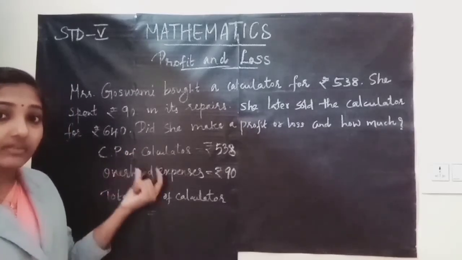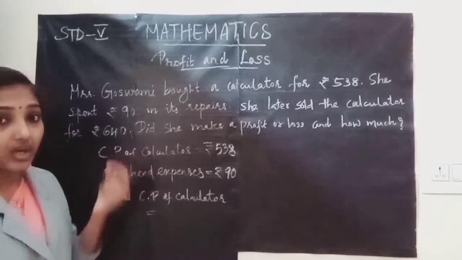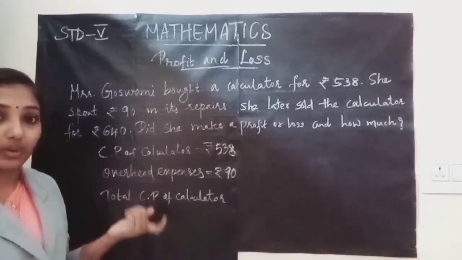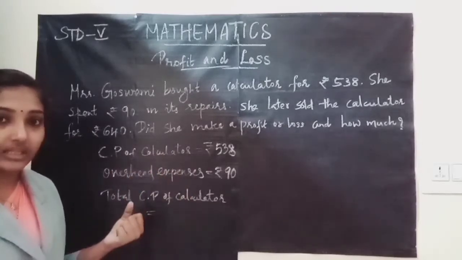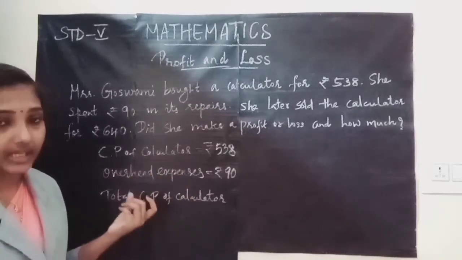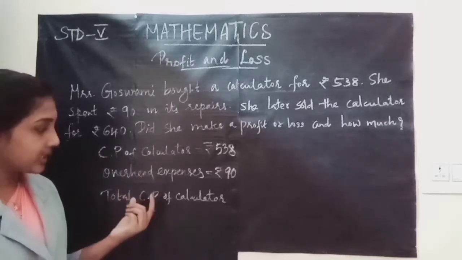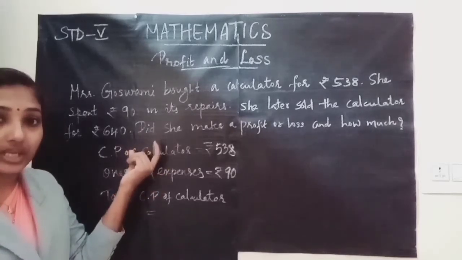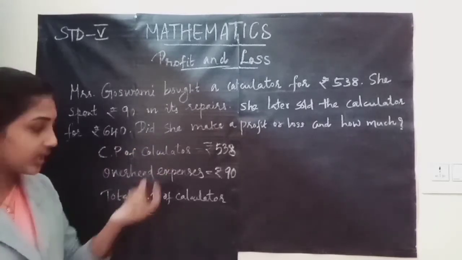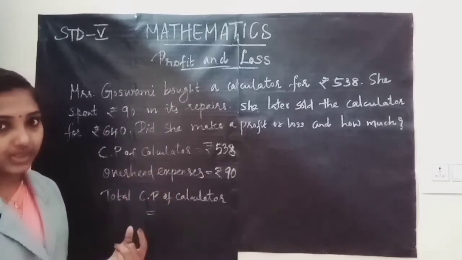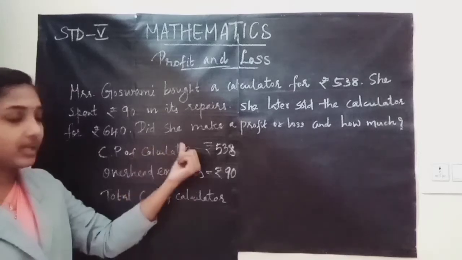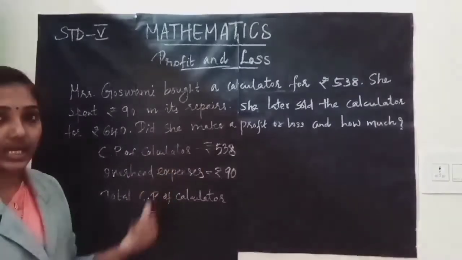We add the overhead expenses to the cost price, so the cost price includes the amount spent to buy the thing and also the overhead expenses.